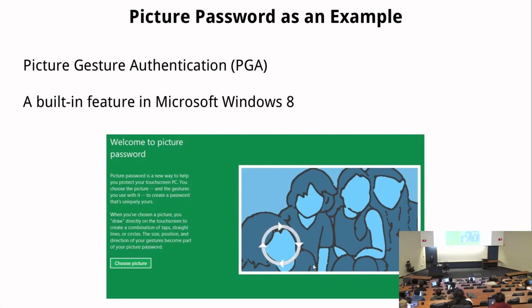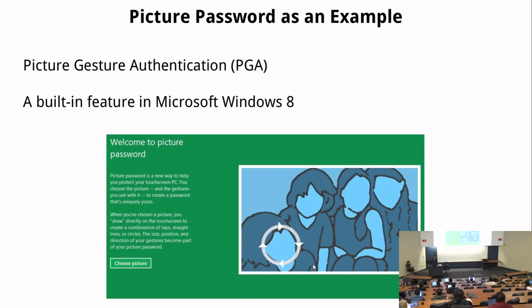And their claim is that they did a lot of analysis saying the password space of this picture gesture authentication, PGA, is huge, much bigger than text-based passwords. So it's supposed to be much more secure. I saw that blog and thought about it.